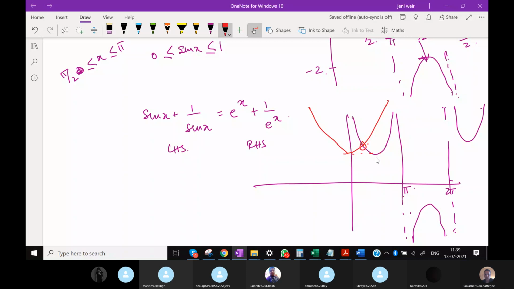So here for x equal to pi by 2, the left-hand side is minima, and for x equal to 0, the right-hand side is minima. And if I go to the negative side, between x equal to minus pi and 0, the left-hand side graph will again be like this.